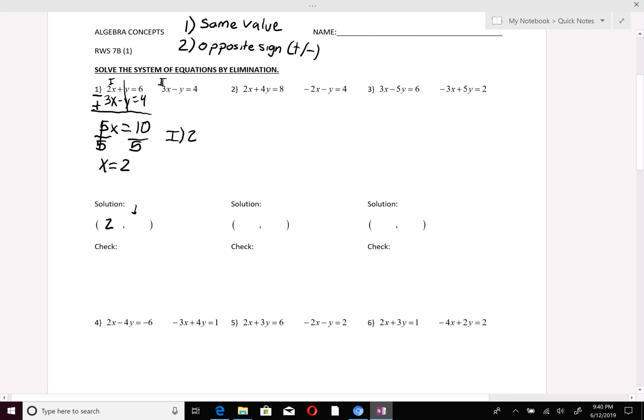So 2x, I'll now replace with a 2. So I have 2 times 2 plus y equals 6. That gives me 4. And now I can subtract my 4 off to see that y equals 2.